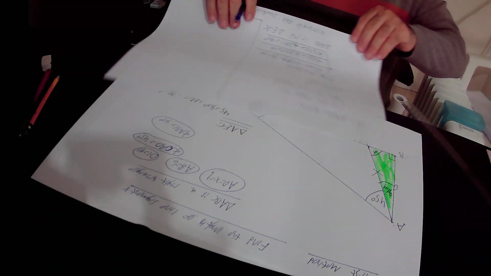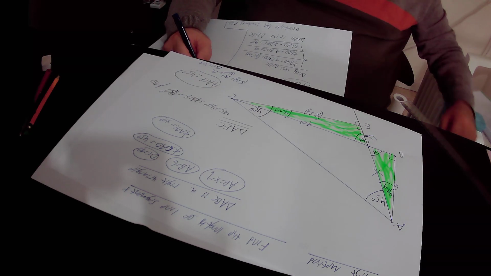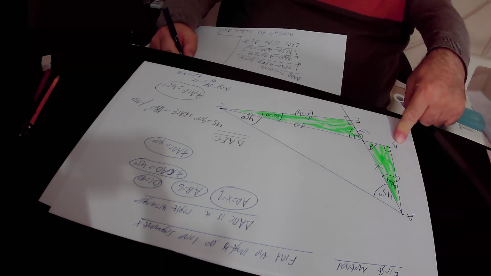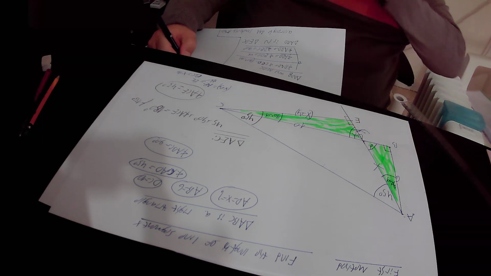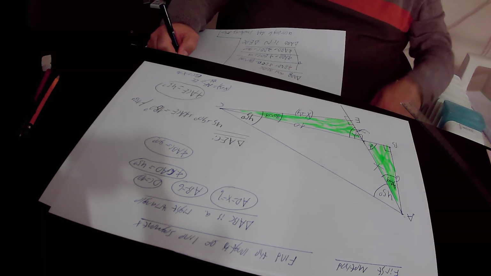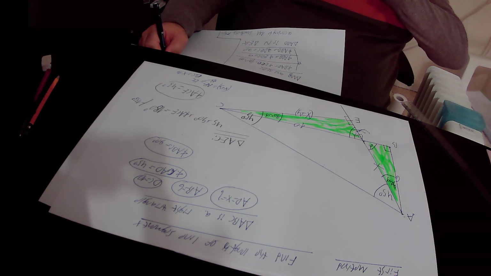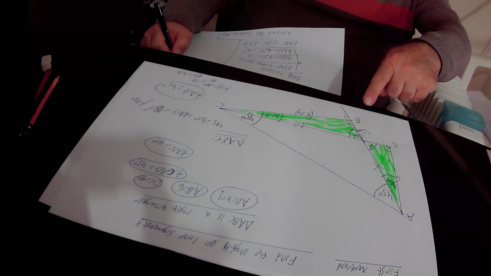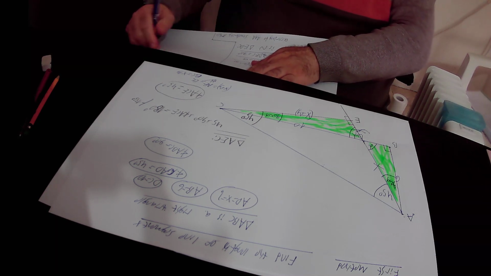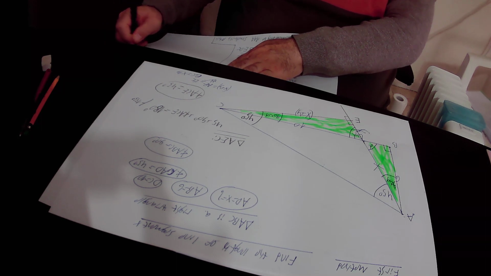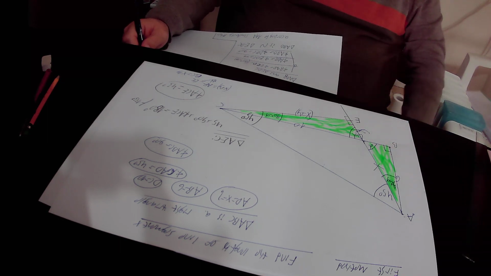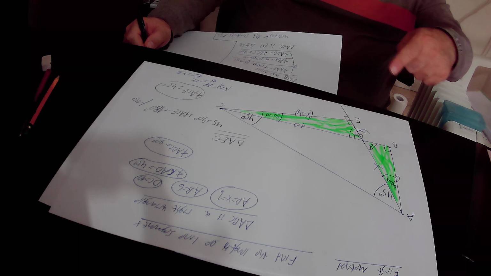We will conclude that AB over EC is equal to BD over ED, and it is also equal to AD over DC.